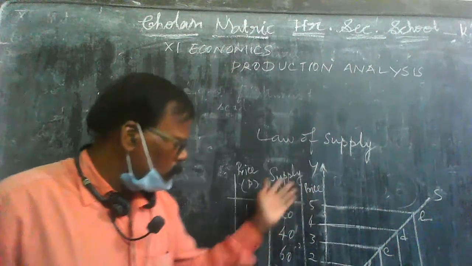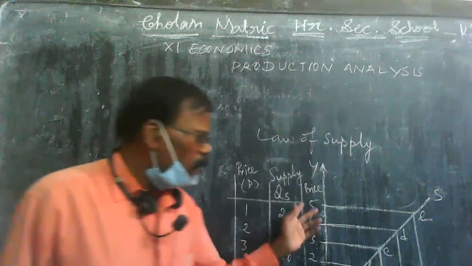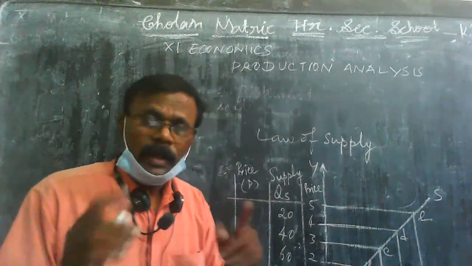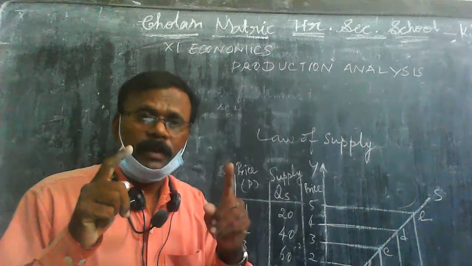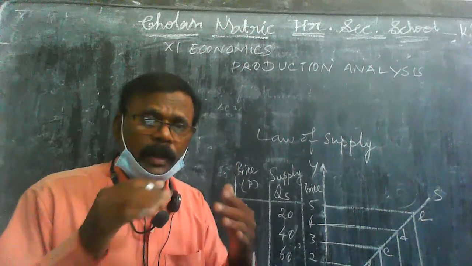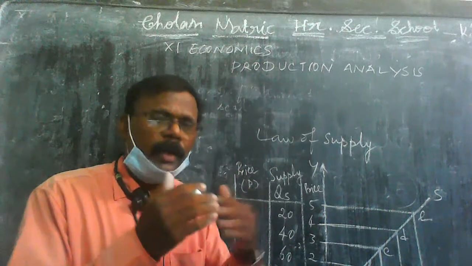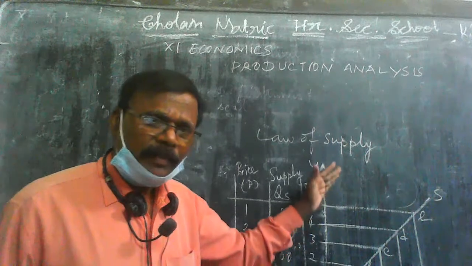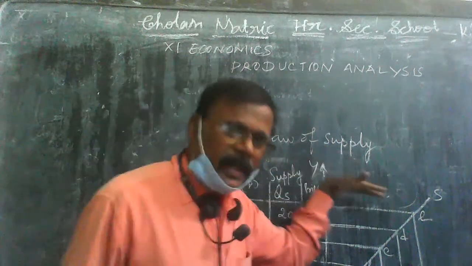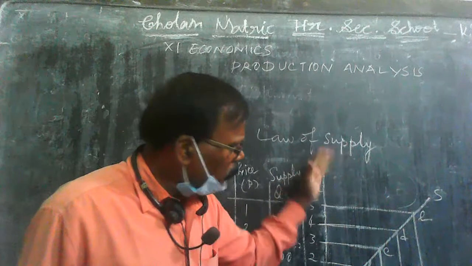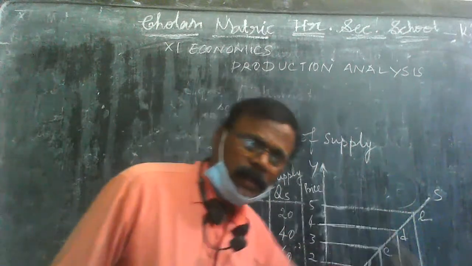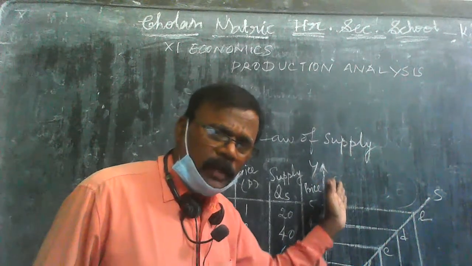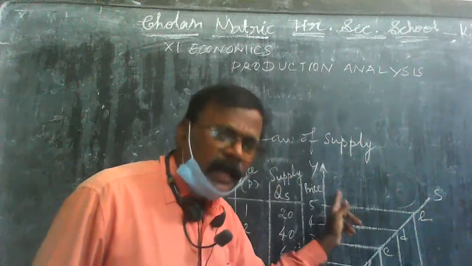And next is the schedule we have already seen, and with the help of the schedule, we have this diagram. You must understand very clearly the nature of demand curve and supply curve. Demand curve always takes its slope downward from left to right.